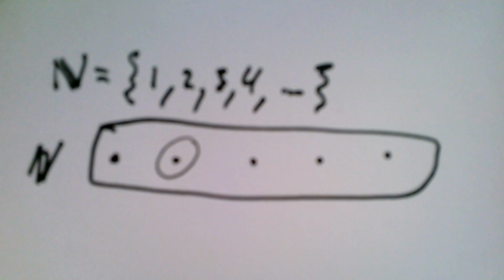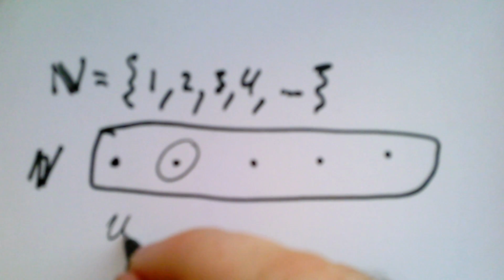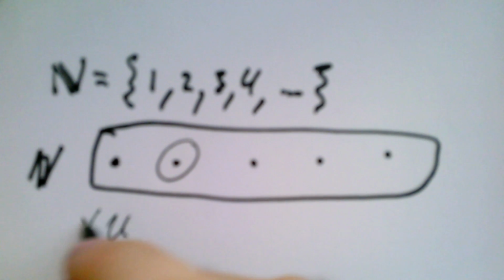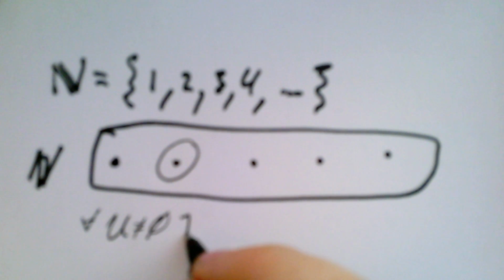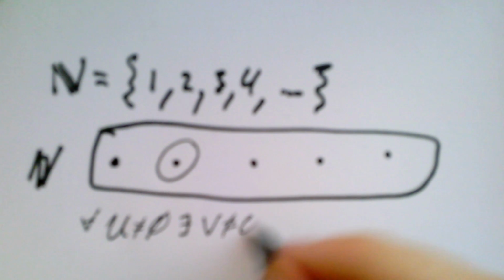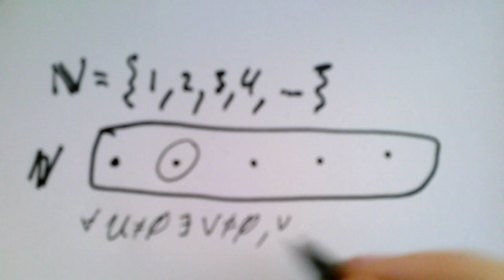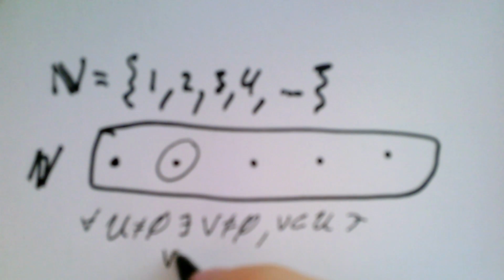That is not nowhere dense. The definition of nowhere dense is: for every open set U that's not empty, there exists an open set V that's also non-empty, and V is contained in U, such that V intersect N is empty.